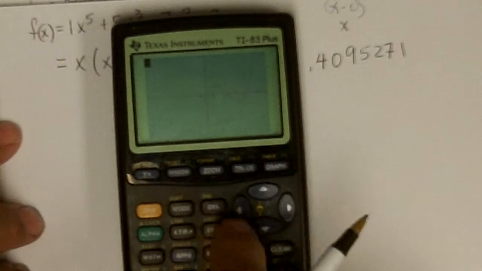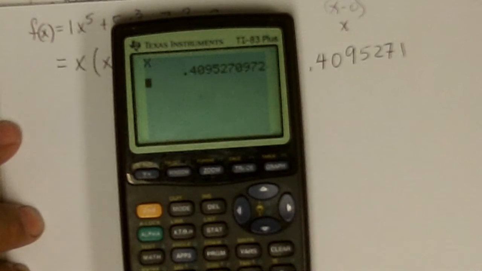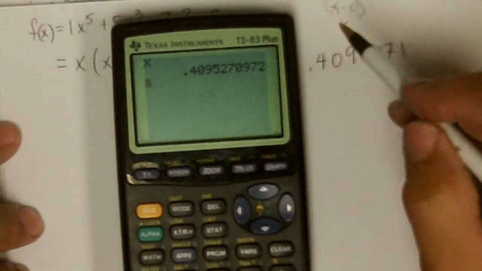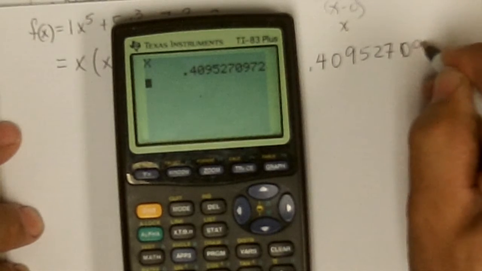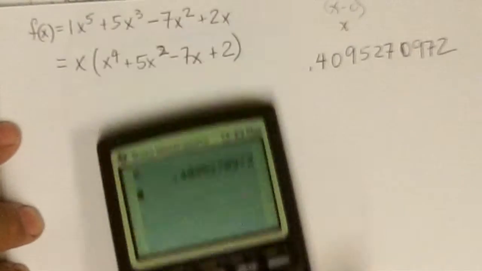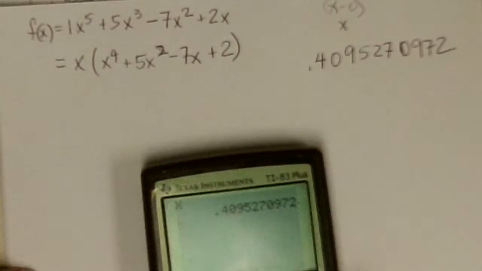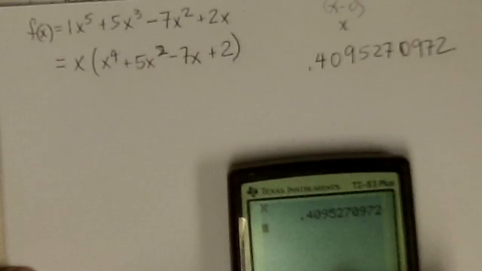So if I quit the graph and go x, enter, you'll see more of this number, 70972. Now, I don't know what fraction that is.